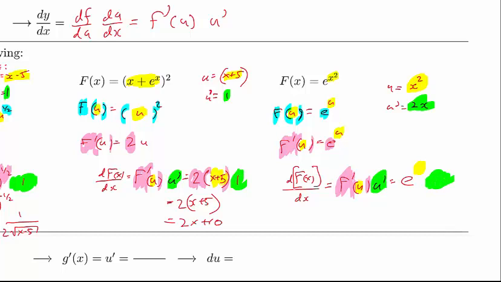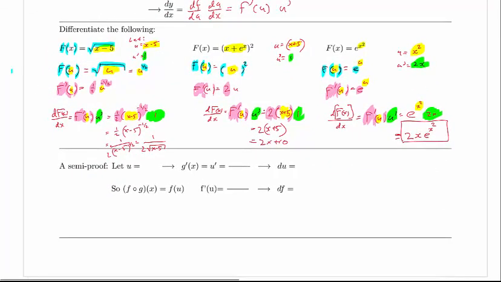And let's go ahead and fill everything in. U is simply x squared. The green is 2 times x, and that's our answer. 2x times e to the x squared. Alright, and that's it. That's how we work this whole thing.